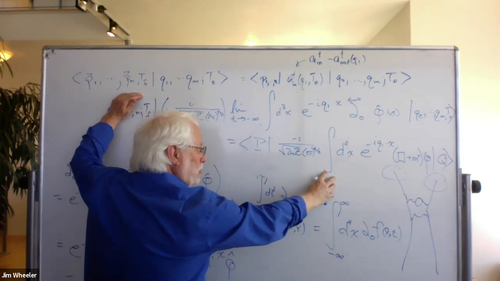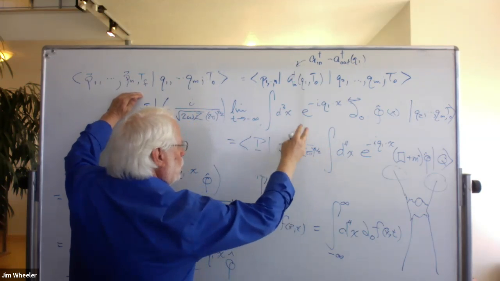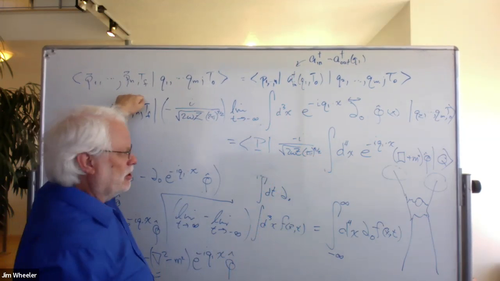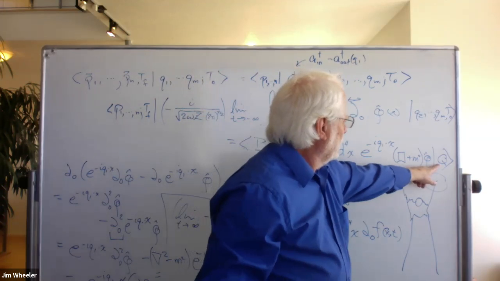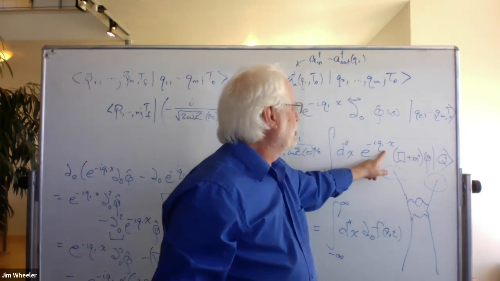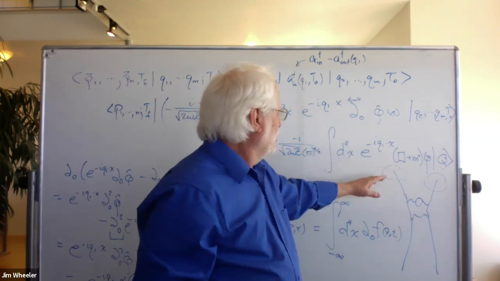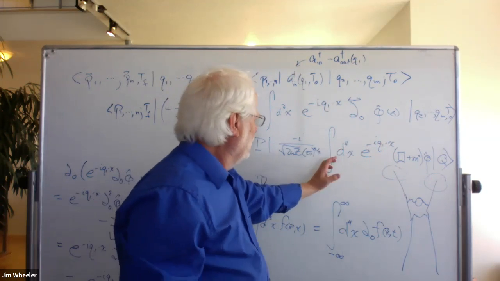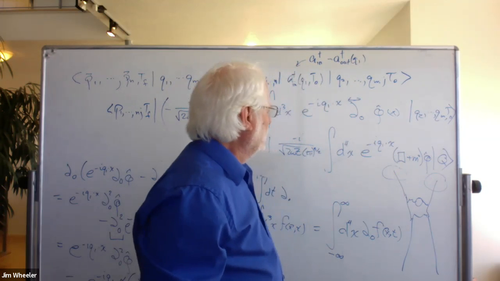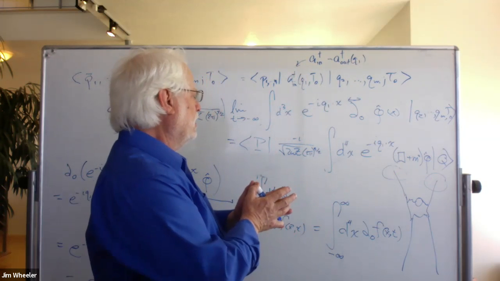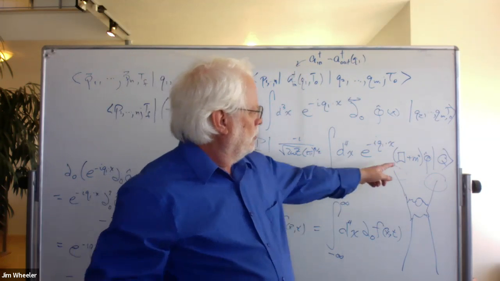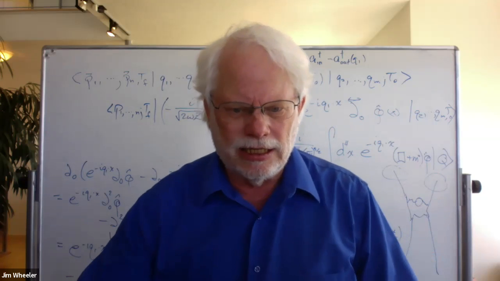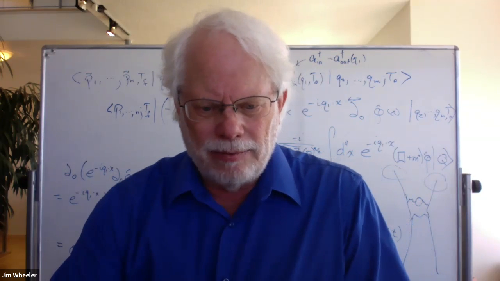Now, there are two things we need to do. We're going to do this for each momentum in the initial expression. So this Q doesn't include Q1 anymore. So we're going to have a product of M plus N of these integrals. And the other thing we're going to do is write these phi's. We're going to deal with their time dependence.